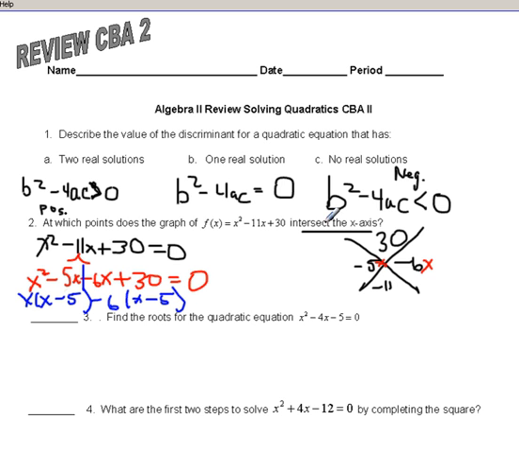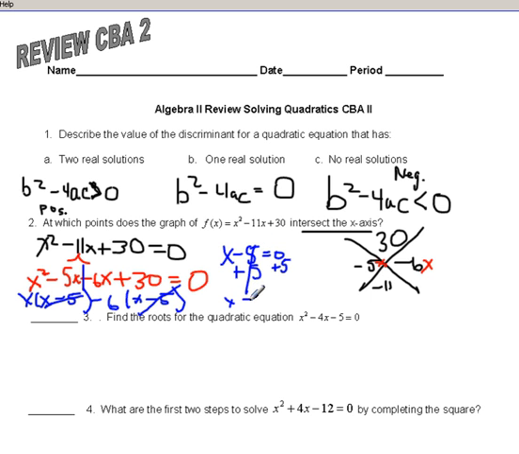And remember, to get your solutions, you have to take your x minus 5, set it equal to 0, because that's my thing in common. That's one of my factors. And then add 5 to both sides, and you get x equals 5.